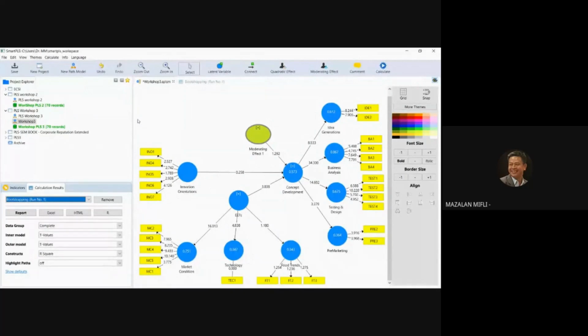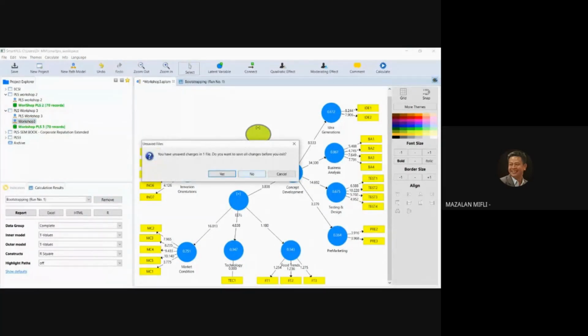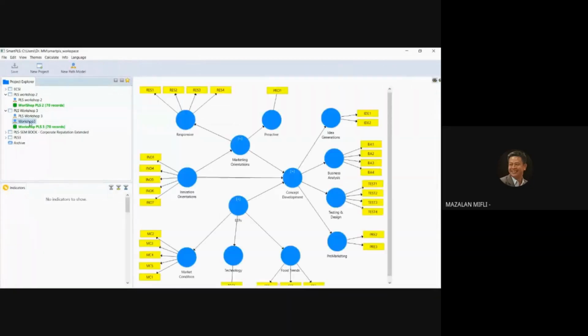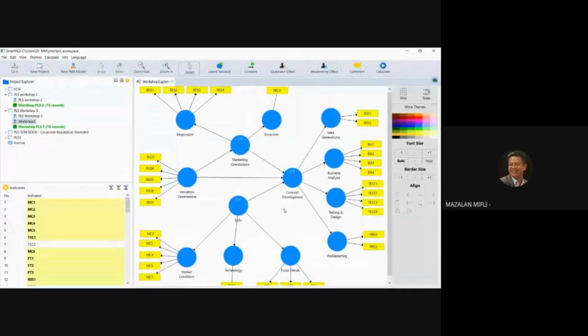We are not going to retain this. We are going to change to another one. Let's omit this. Are we going to save this? No, I'm not going to save this. I'm just going to open another one, the original one.